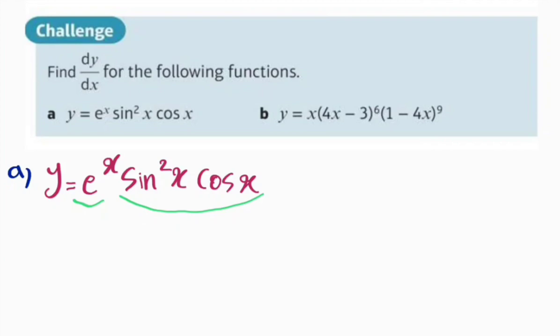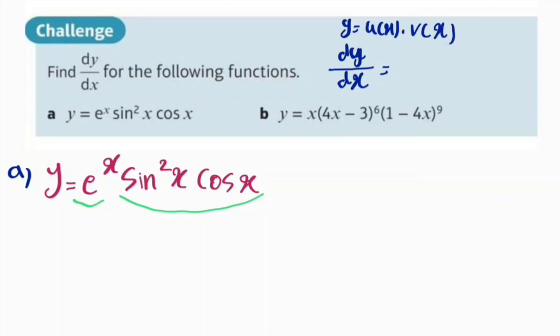Just to remind you of the product rule, let's say that y is equal to u times v, where u and v are some functions that we just named. Basically, let's write this as u of x times v of x.